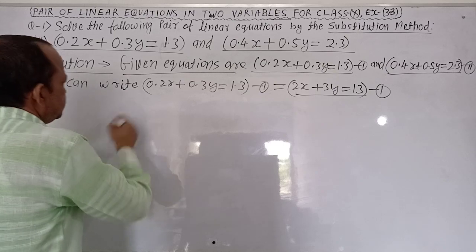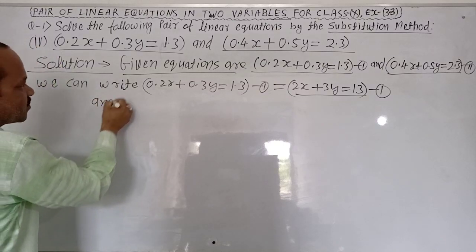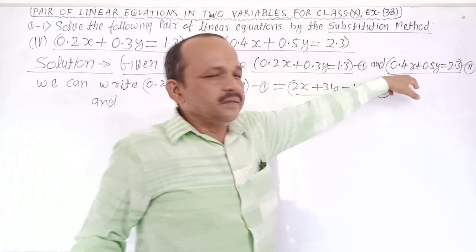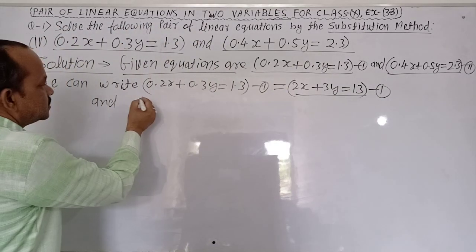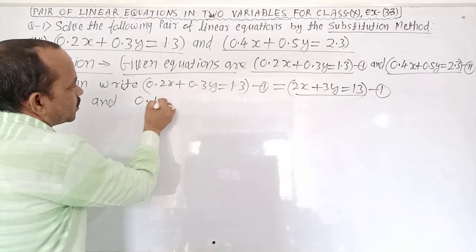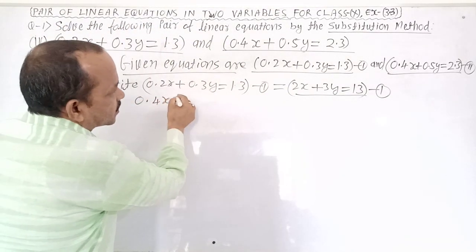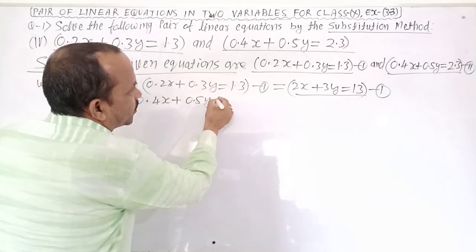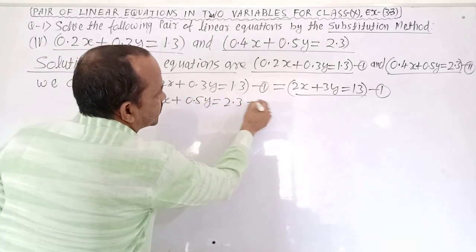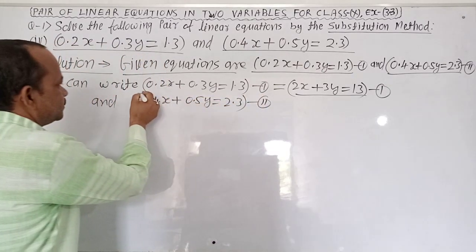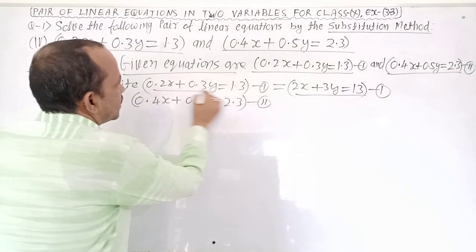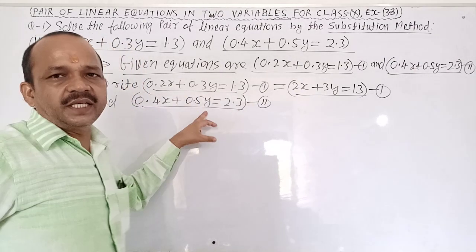And equation second, 0.4x plus 0.5y equal to 2.3. It is equation second.